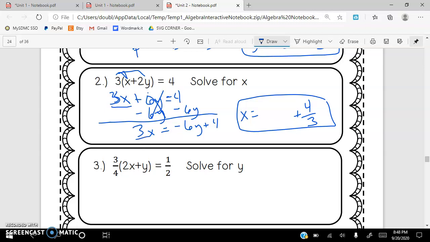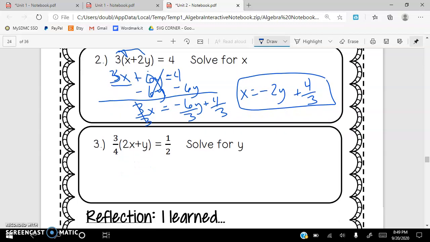So now divide both sides by 3. Threes cancel out. 6 divided by 3 is a negative 2y. And I have plus 4 over 3. See, even sometimes I mess up. Hopefully y'all caught it before I did.